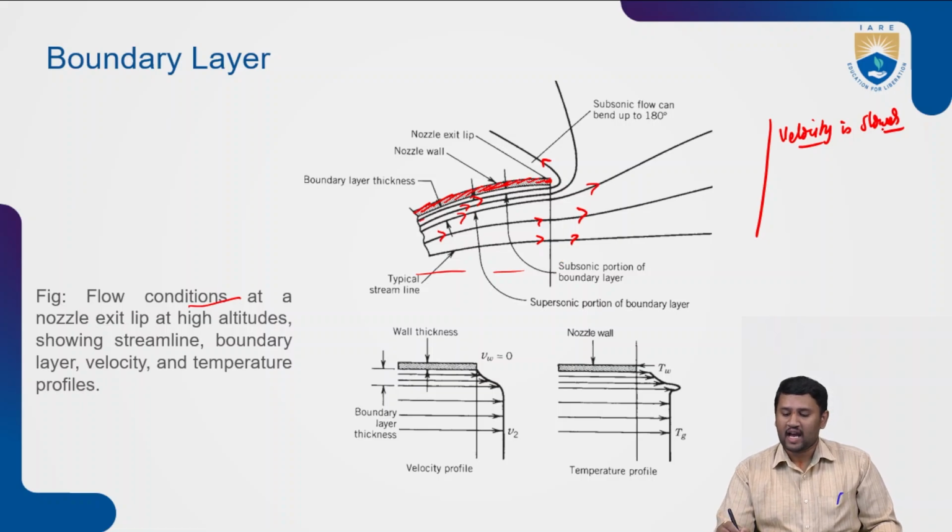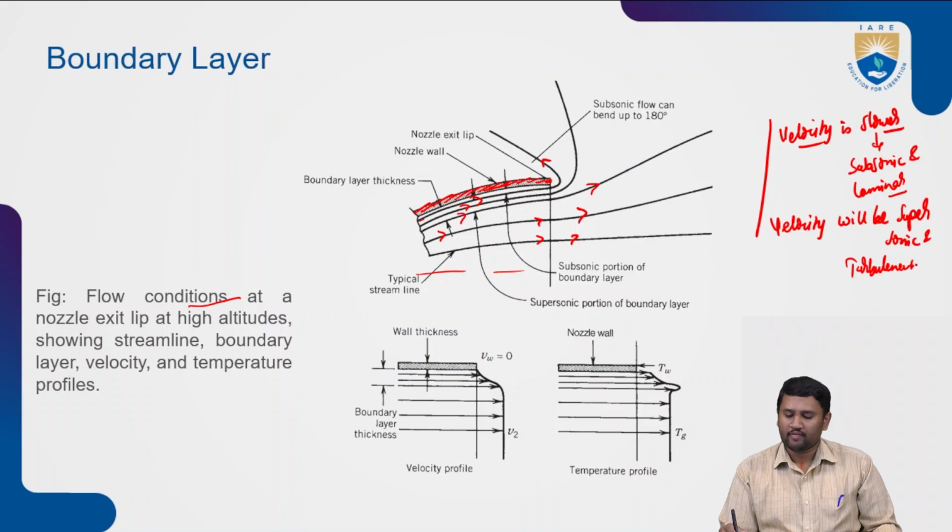As the velocity is slower, the flow will be subsonic and laminar, whereas the flow will be supersonic and turbulent at the center, where my velocity will be higher.